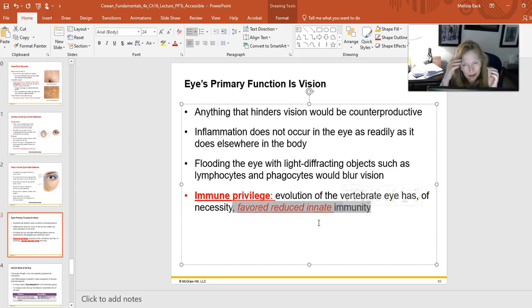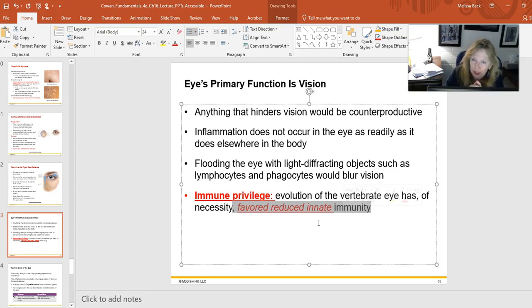We think of immunity as protection, but you really don't want your eyes always reacting to anything they might encounter, with mucus and excess fluid coming to the eyes. So immune privilege means there's reduced immunity.